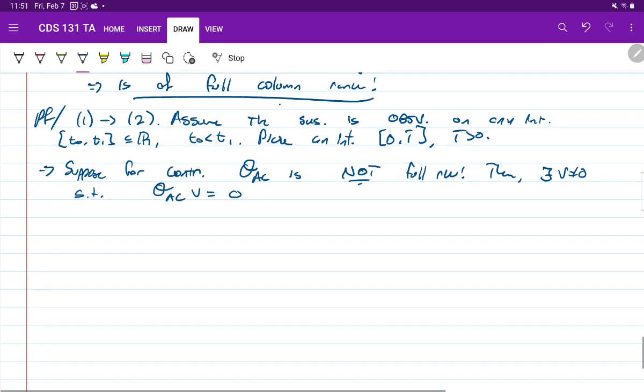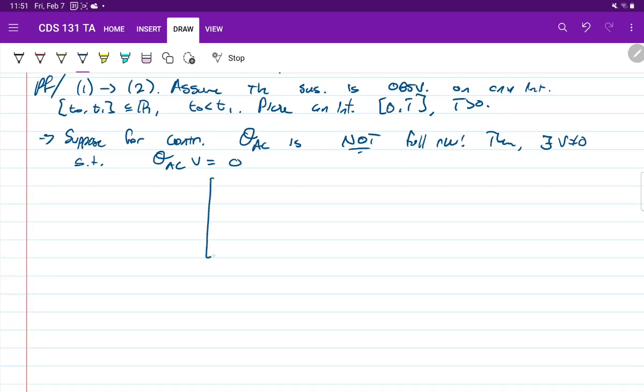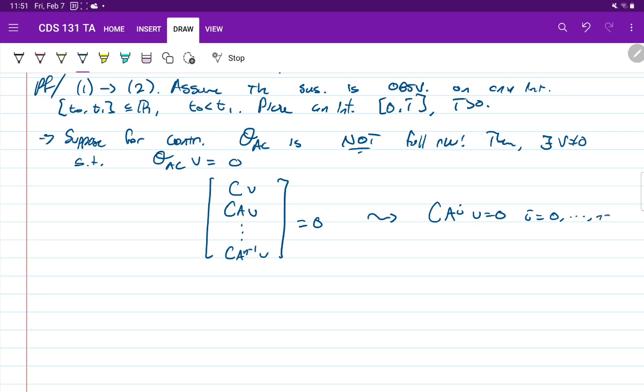That's what it means to not have full rank. Let's expand this condition out. So what we have is C times v, CA times v, all the way up to CA to the n minus 1 times v equals 0, right? So this implies CA to the i times v equals 0 for i equals 0 up until n minus 1.